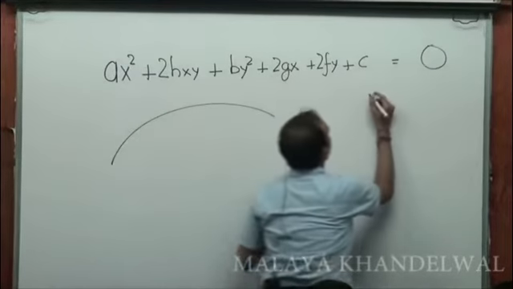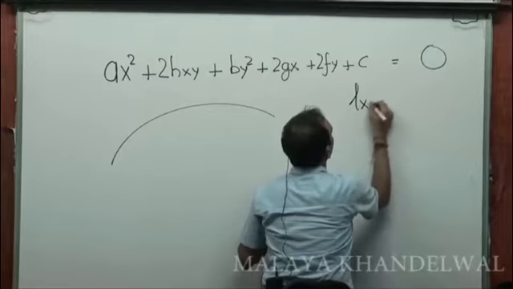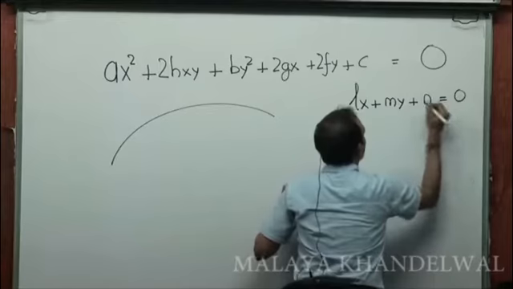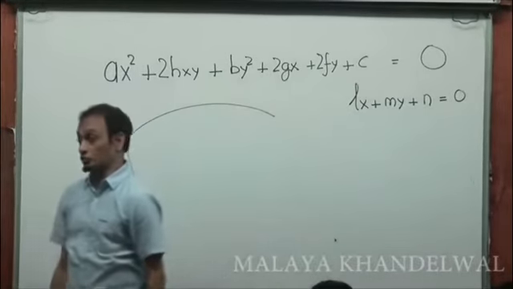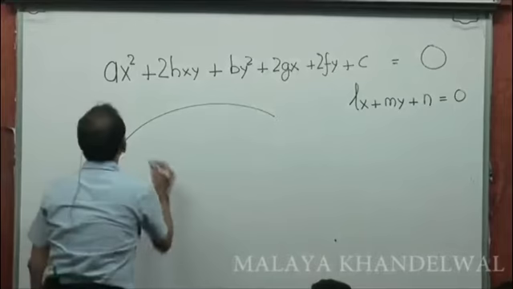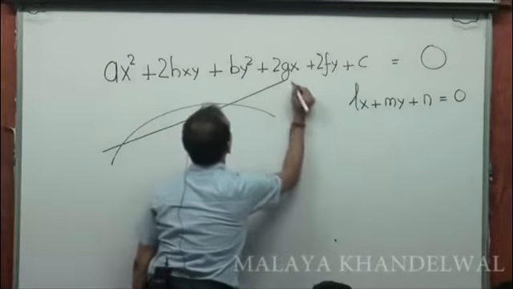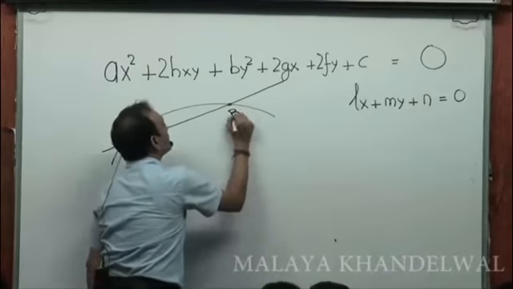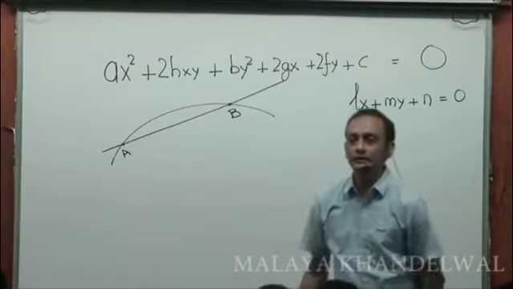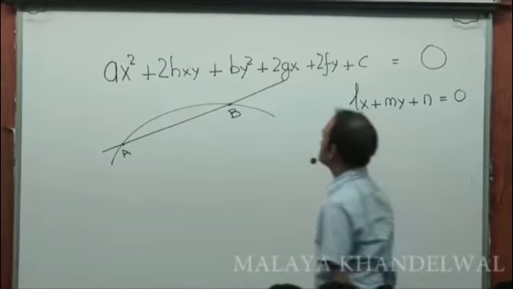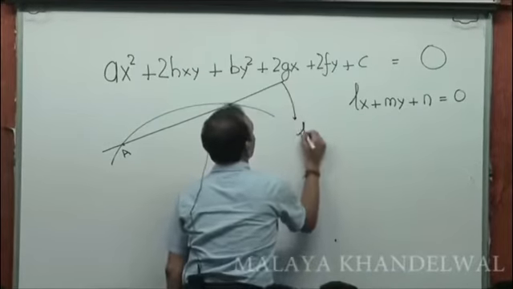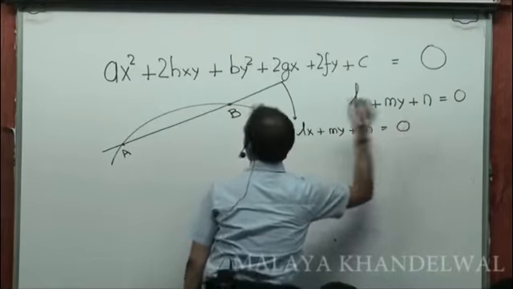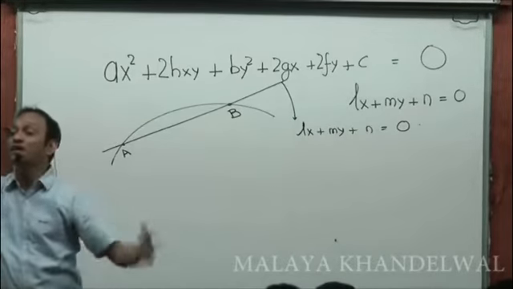And let me look at a straight line Lx plus My plus n equal to 0. Let's say this straight line Lx plus My plus n equal to 0 intersects this second degree curve at A and B. Lx plus My plus n equal to 0 is a chord of the second degree curve.